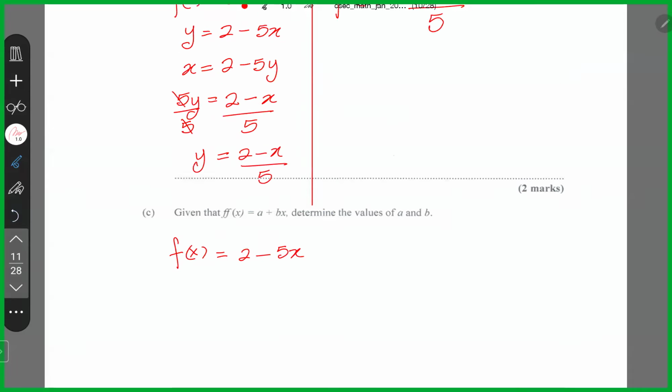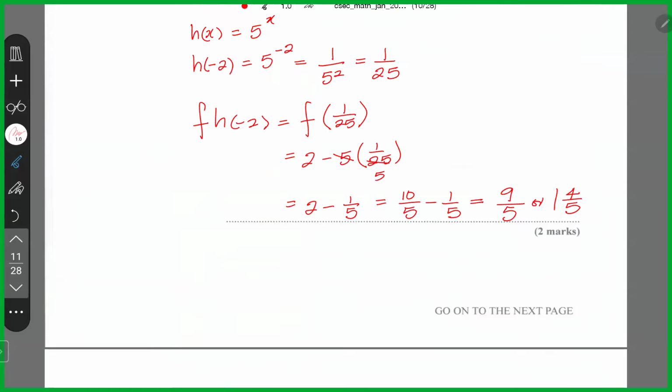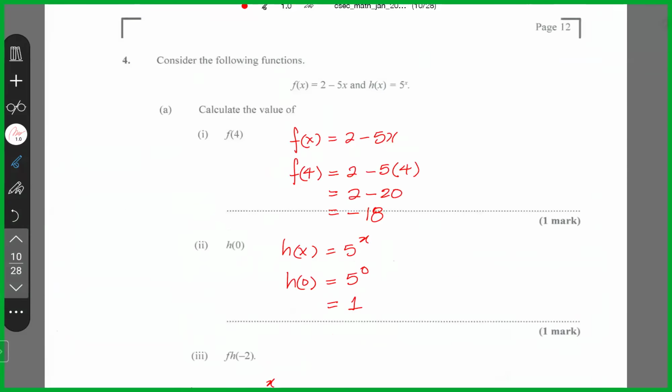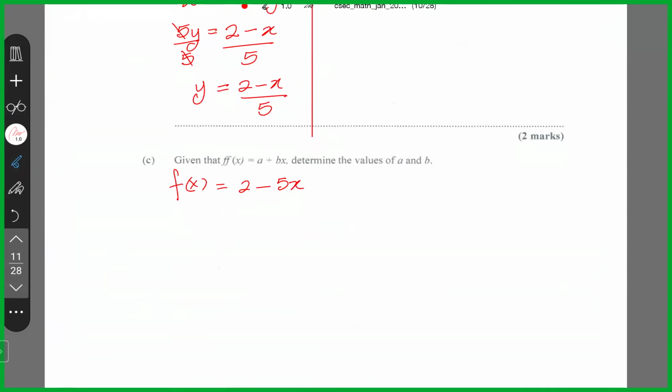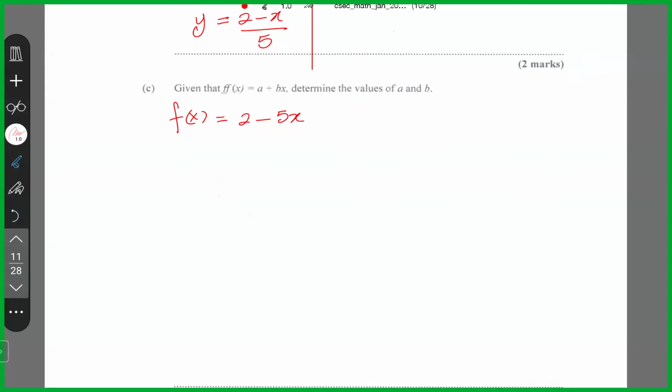We can go back up quickly and double check. Yeah, 2 minus 5x. Now, f of f of x is a composite function. You get f of f of x by putting f inside of f. How do you do that?